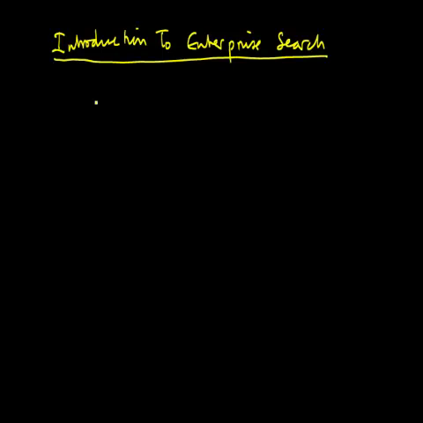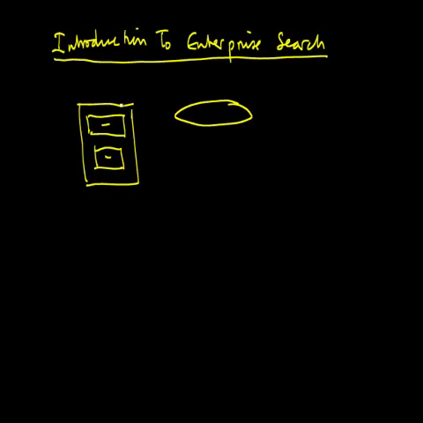I think a good place to start is just to look at what was happening maybe 10 or 15 years ago, because things have changed quite a lot since then. So 15 years ago, we had really two kinds of information. We had information that we stored in filing cabinets. This would be hard copies of documents. And we had our transactional data that we stored on our database.